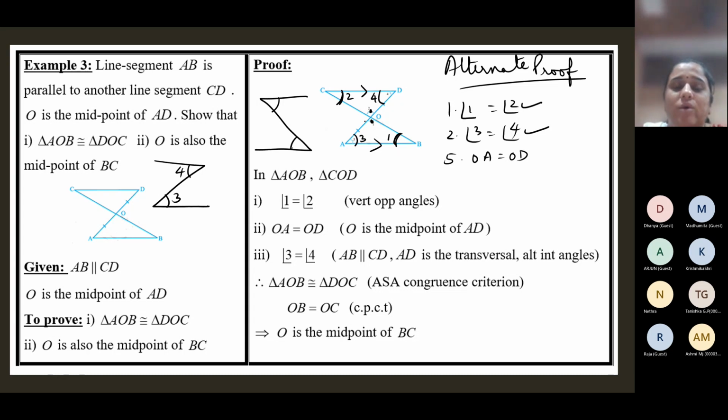And then you also know that OA of the first triangle, see here, all this is of the first triangle, and all this is of the second triangle. This is of triangle AOB and this one is of triangle COD. Angle 1 of this triangle is equal to angle 2 of this triangle, alternate angles. Same thing, 3 is equal to 4. Then OA of the first triangle is equal to OD of the second triangle. So what does this make?